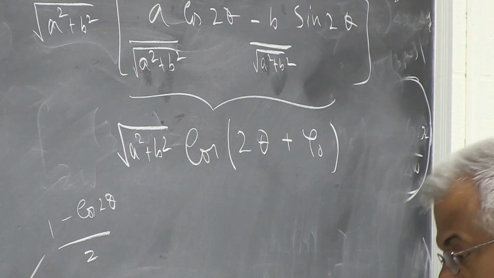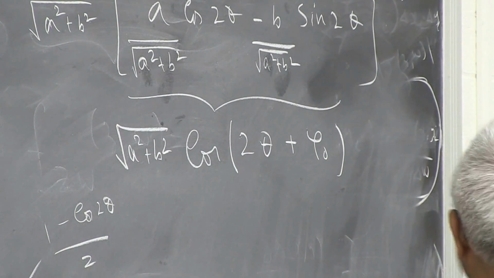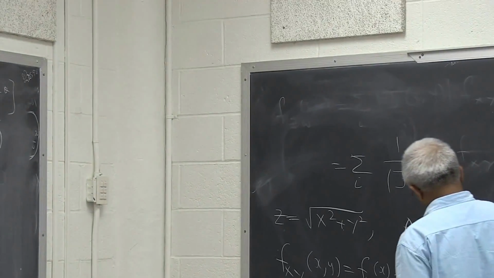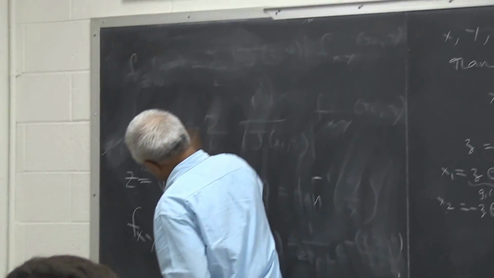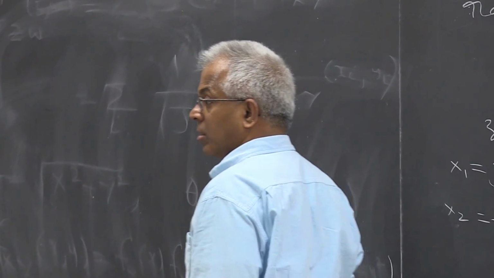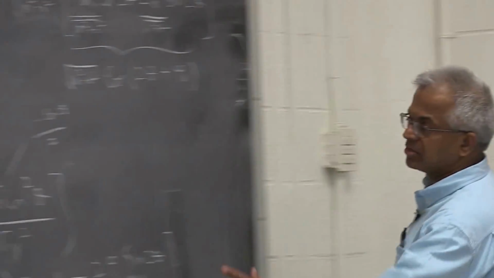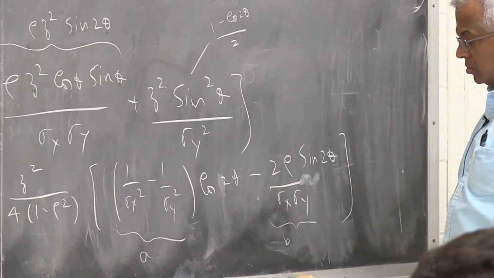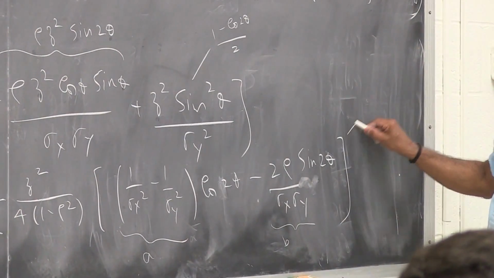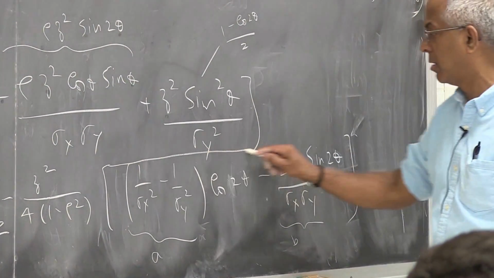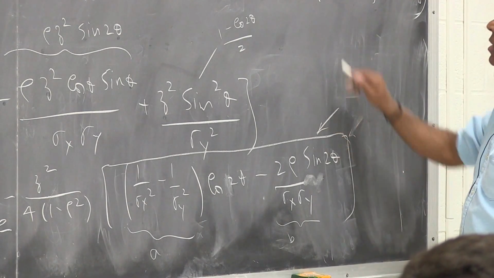Right? So you know the value of A, right? A is this, B is this. So this whole quantity within the bracket, I can replace by this one, right?